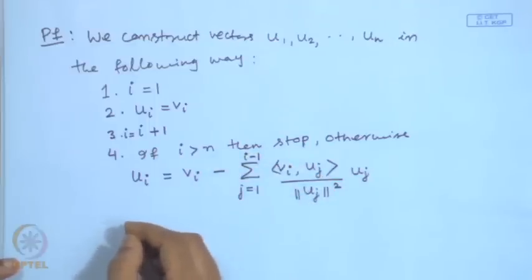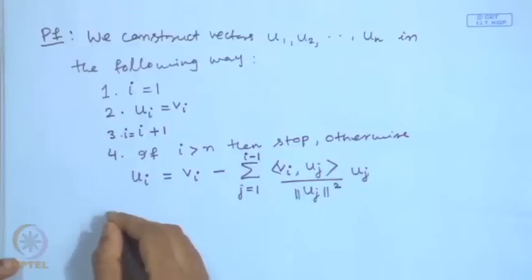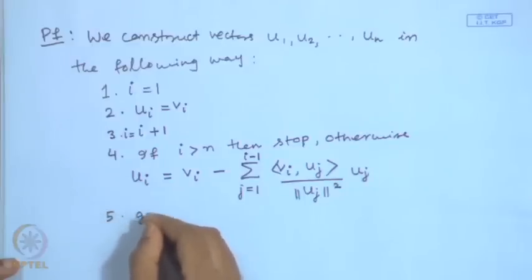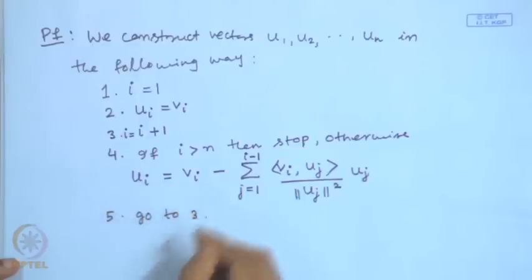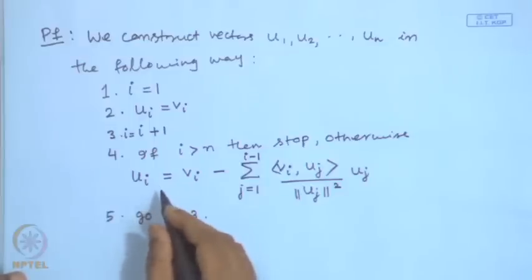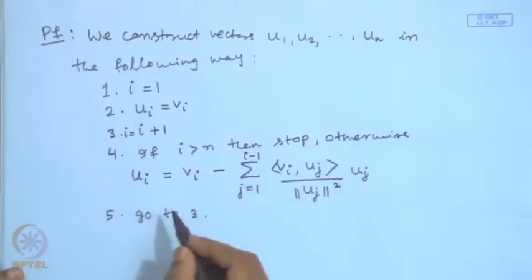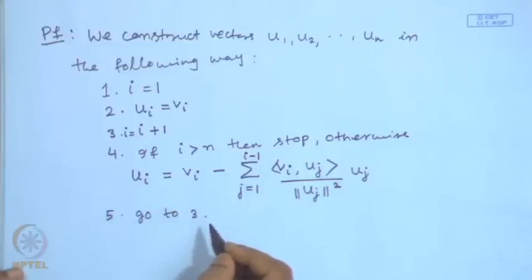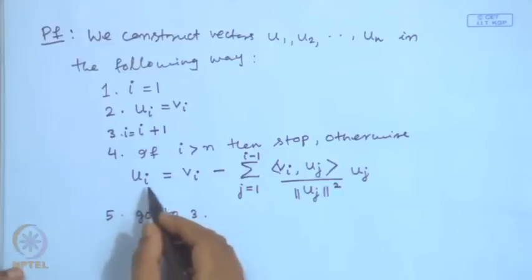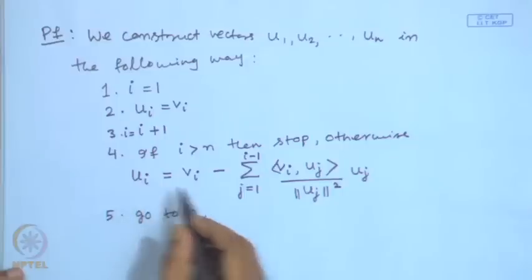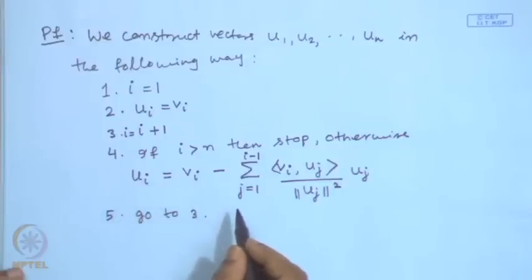So, we continue this process: after the fifth step, go to the third step. Continuing this process, we can construct the vectors u1, u2 to un, and this method of construction is called the Gram-Schmidt orthogonalization process. This is so called because the vectors u1, u2 to un will be an orthogonal set.